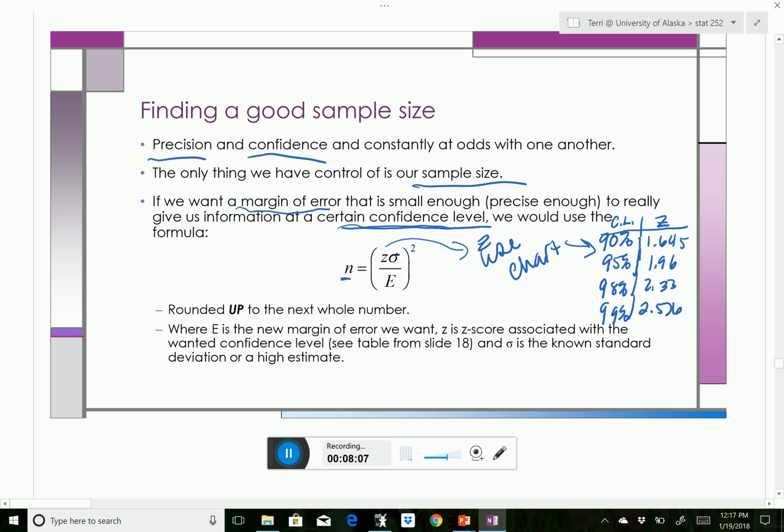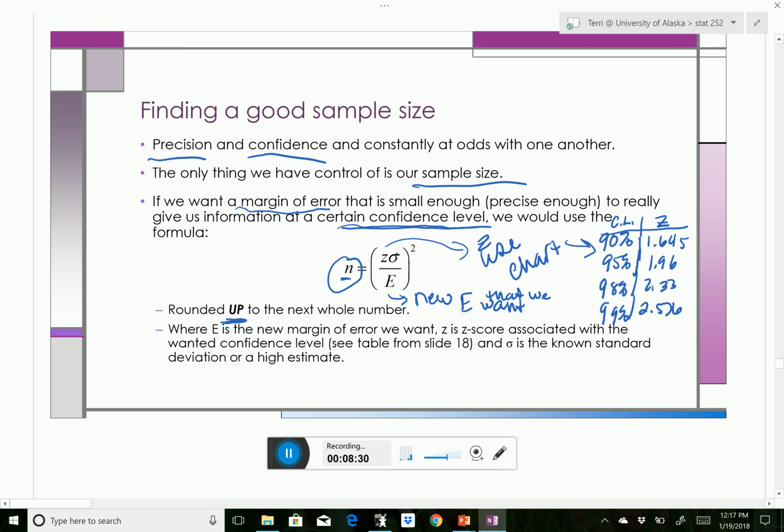Sigma has to be given. And this is our new margin of error, so whatever margin of error we want. Then we use that information to find n. Now it's really, really important to round up to the next whole number.